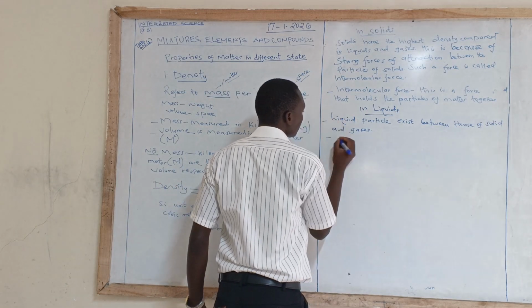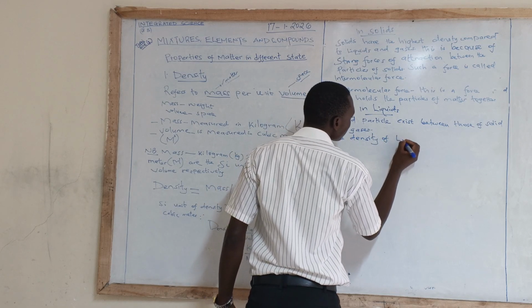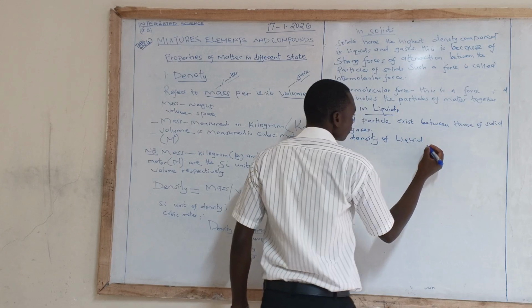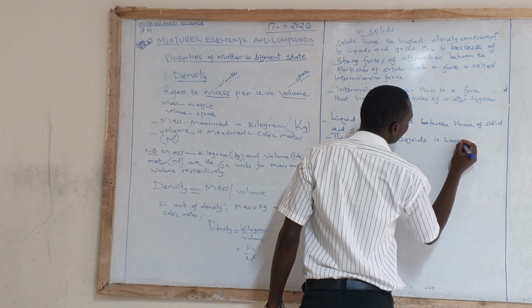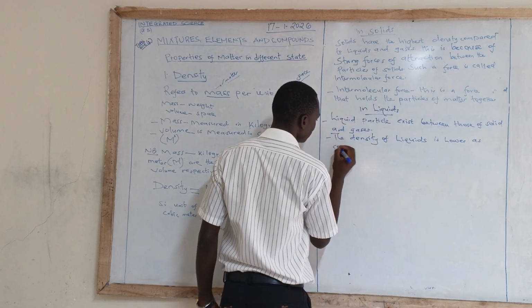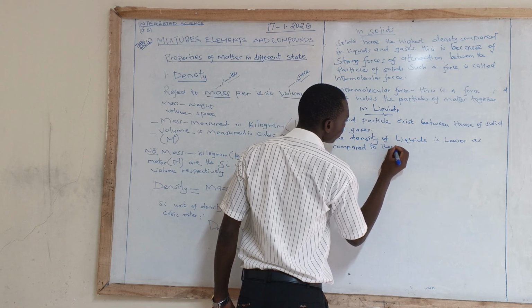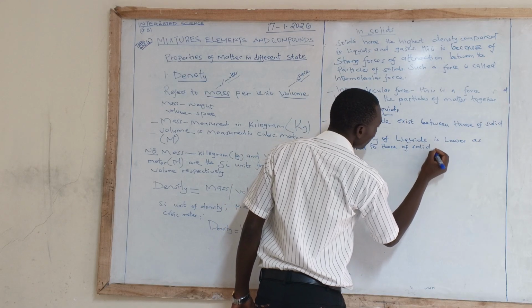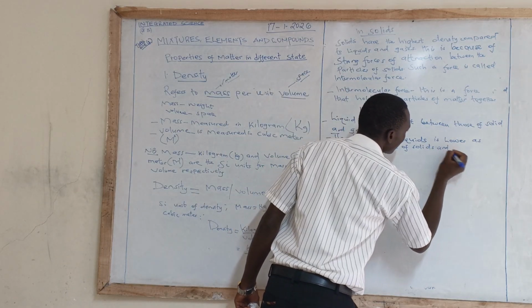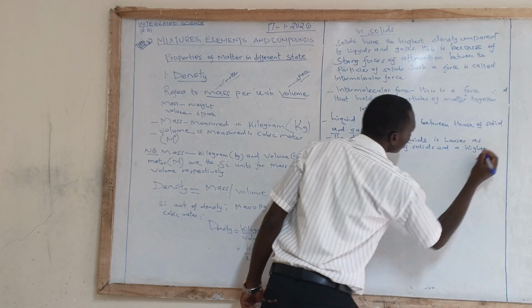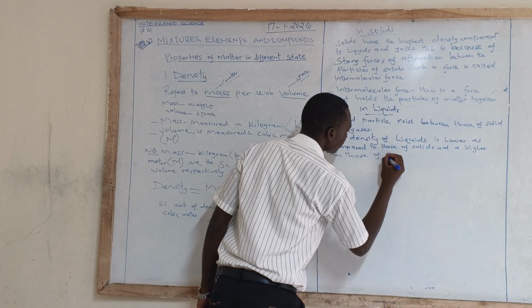So we can say the density of liquids is low as compared to those of solids, and higher than those of gases. Why?